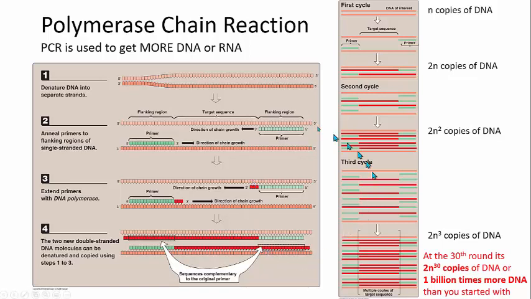The only other thing about it that you would need to know is that this reaction is carried out by a very specific DNA polymerase. That DNA polymerase is very insensitive to heat, so it is heat stable. The one that is used most commonly is named Taq, T-A-Q polymerase.